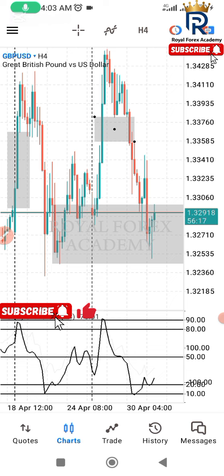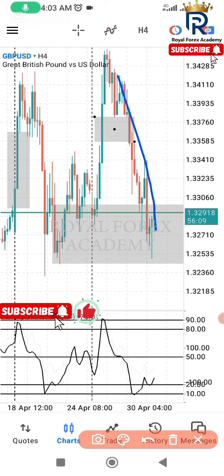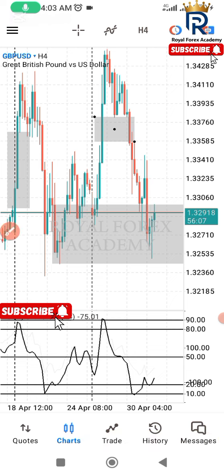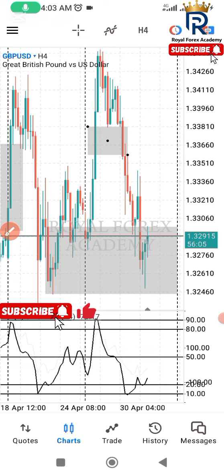So what do we do next? We wait for price to pull back into the order block, and as you can see, price has returned into this order block. So how do we find our entry? Remember, we say when price comes to our point of interest on a higher time frame, we move to a lower time frame.